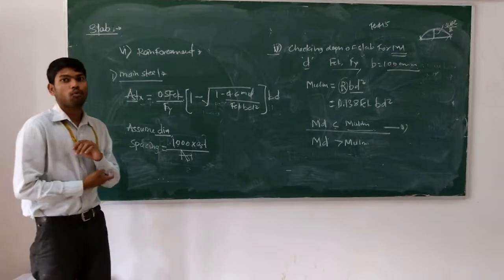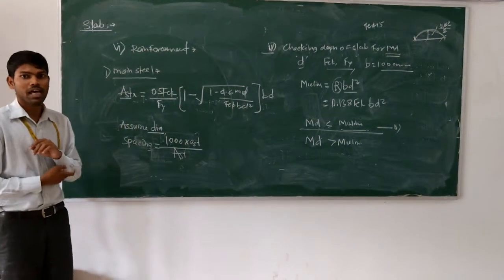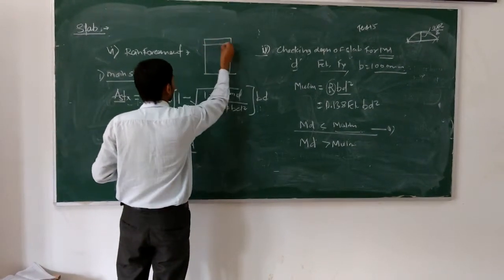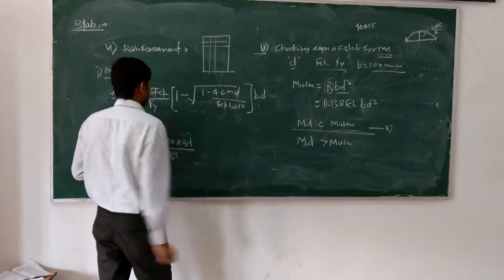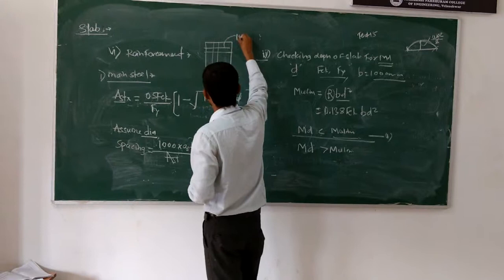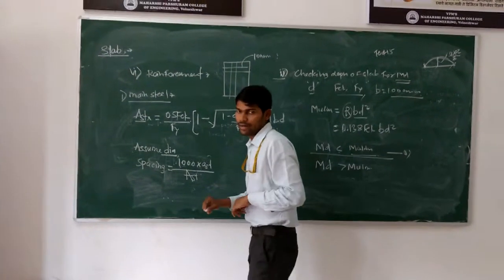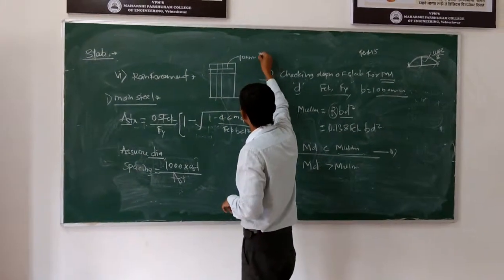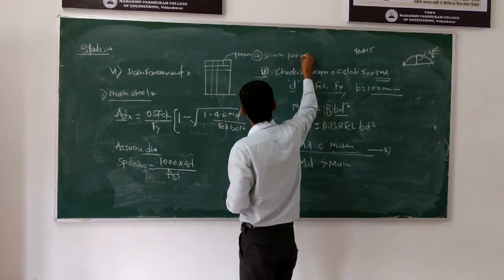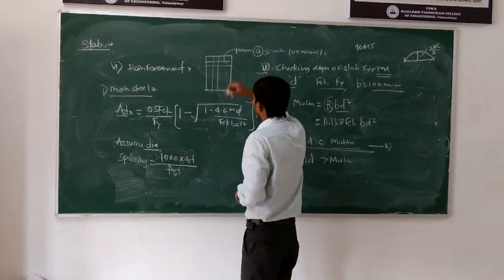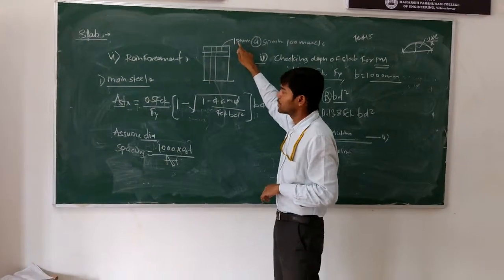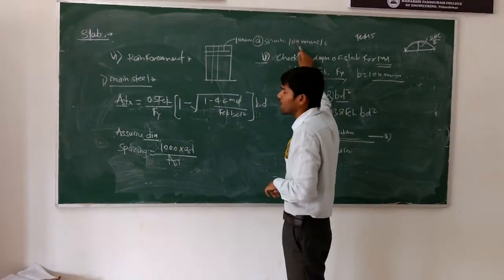Because while providing a design for the slab, if it is a one-way slab, as a structural engineer, we will provide a diameter of bar, suppose it is 10 mm. So provide a 10 mm diameter bar at a spacing of, let us say, 100 mm center to center along the shorter span.